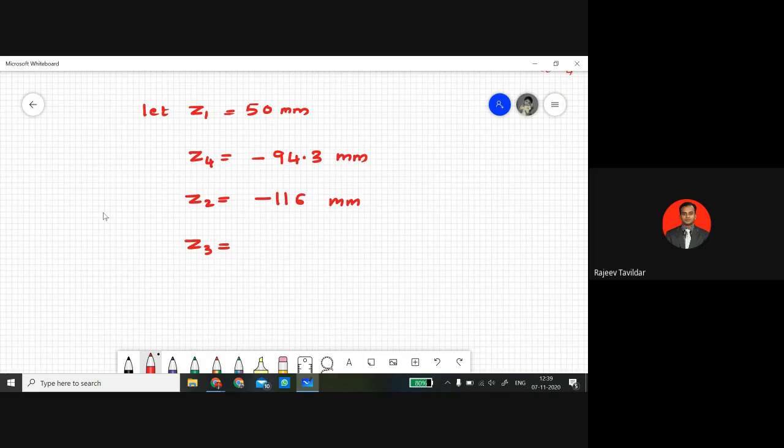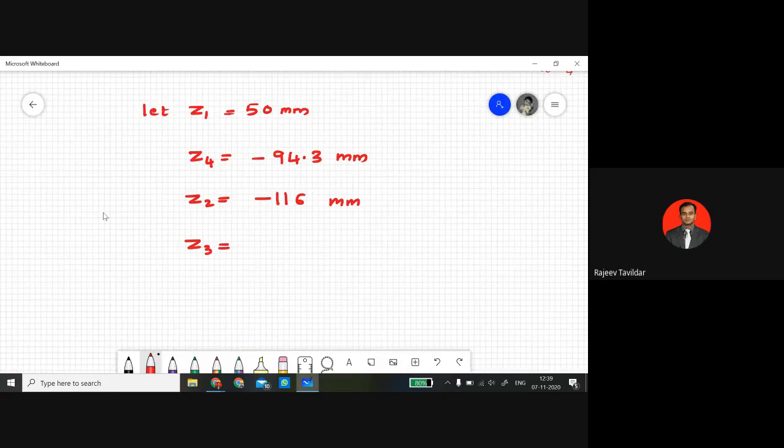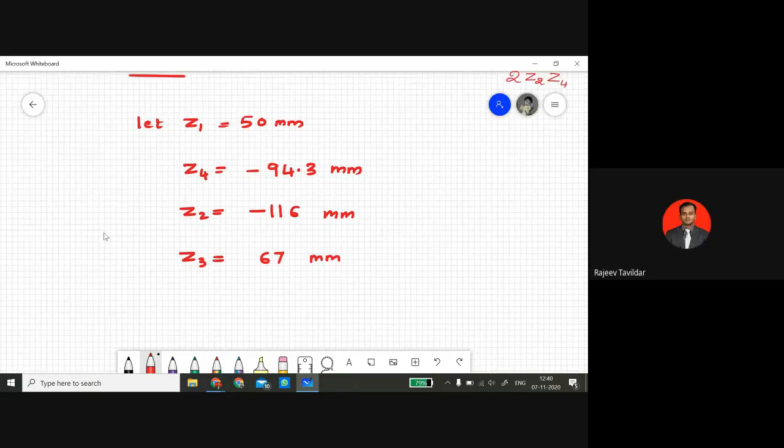Yes, for Z3, so 67.09. Okay, so these are the values of all the four links.